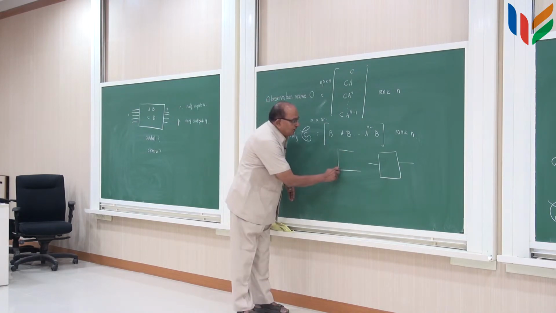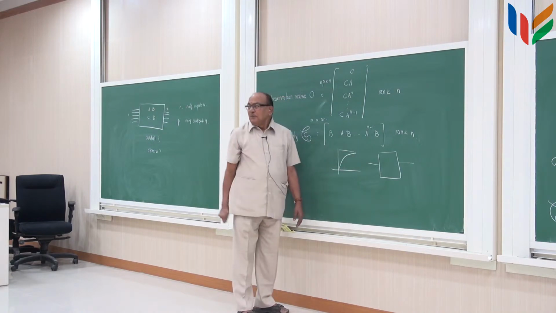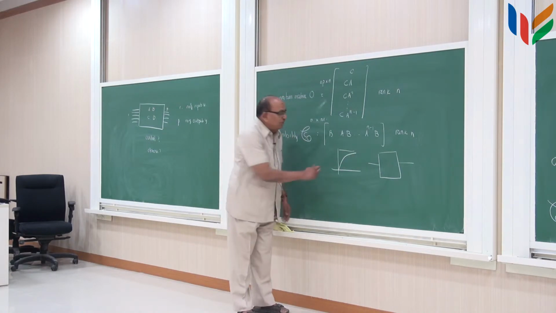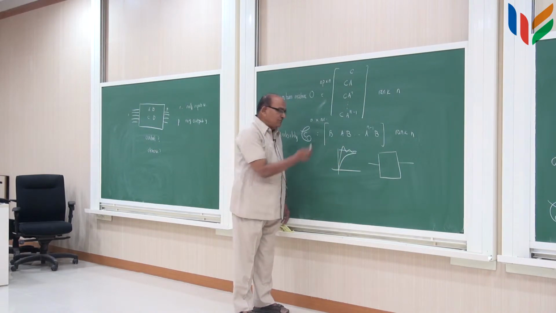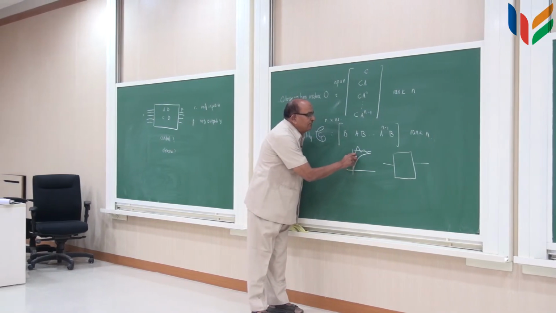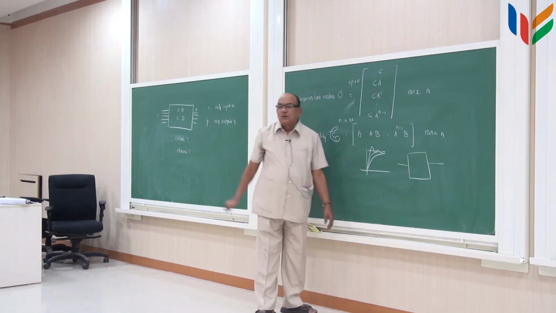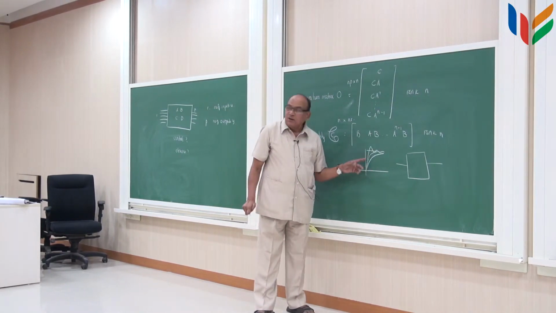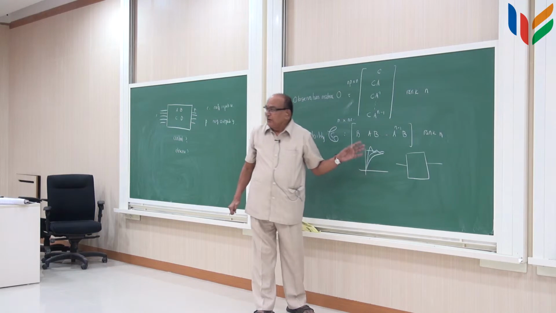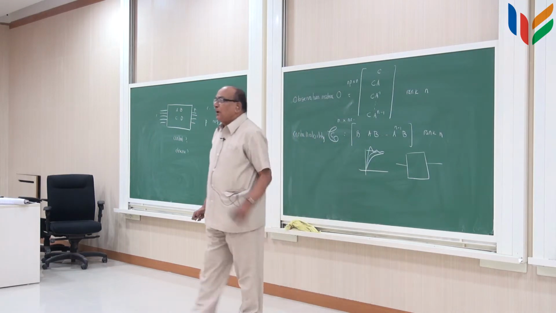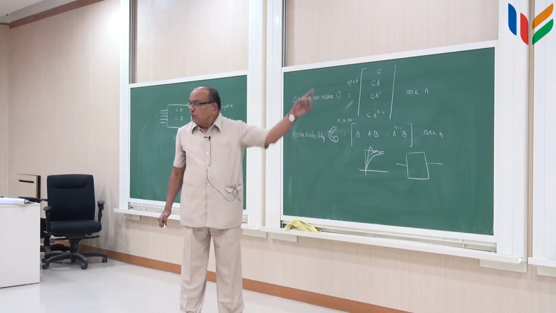It may go like this, right, or it may go like this, or it may go with wiggles. So, the rate at which this reaches the final value, and the way it reaches that final value, through wiggles or without wiggles and so on and so forth, will all depend upon the location of the poles of this function.